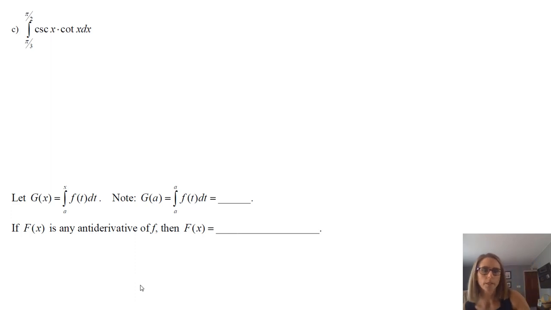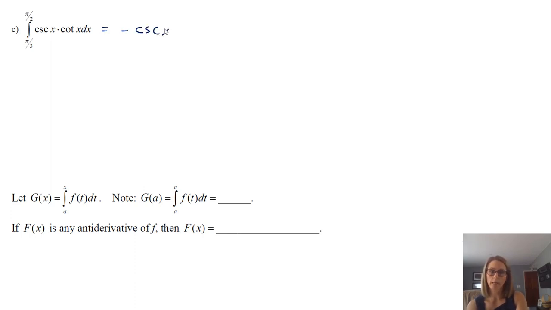Okay, so we're almost done. So now we have cosecant x cotangent x dx. In this case, you would just want to recognize that the antiderivative of cosecant cotangent is a negative cosecant.